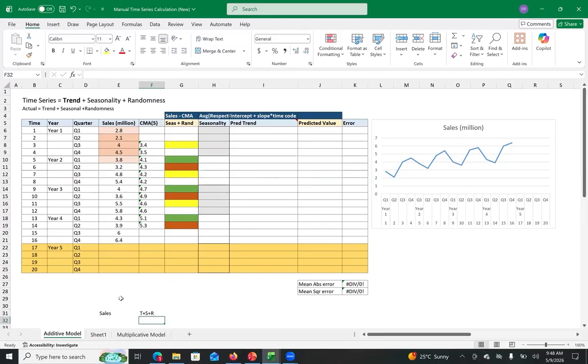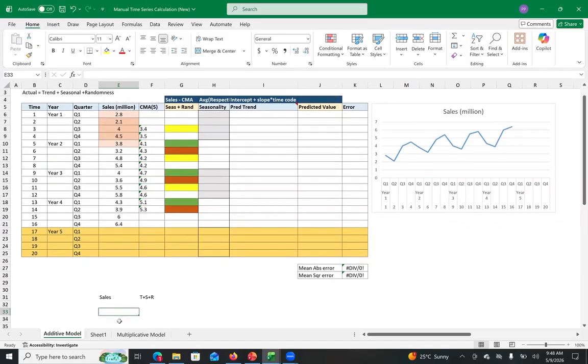Now if I know the trend component out of it, then what can I do?